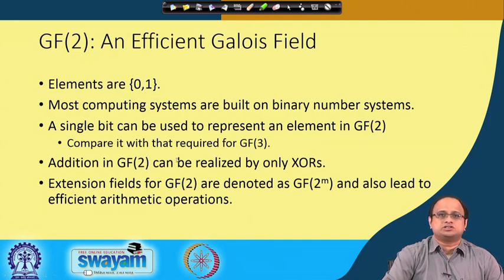The addition in GF2 can be realized by only XOR, or exclusive OR. You can also extend GF2 to an extension field, denoted GF2 to the power of m, which also leads to efficient arithmetic operations, like squarings, inverses and multiplications, which were efficiently implemented.